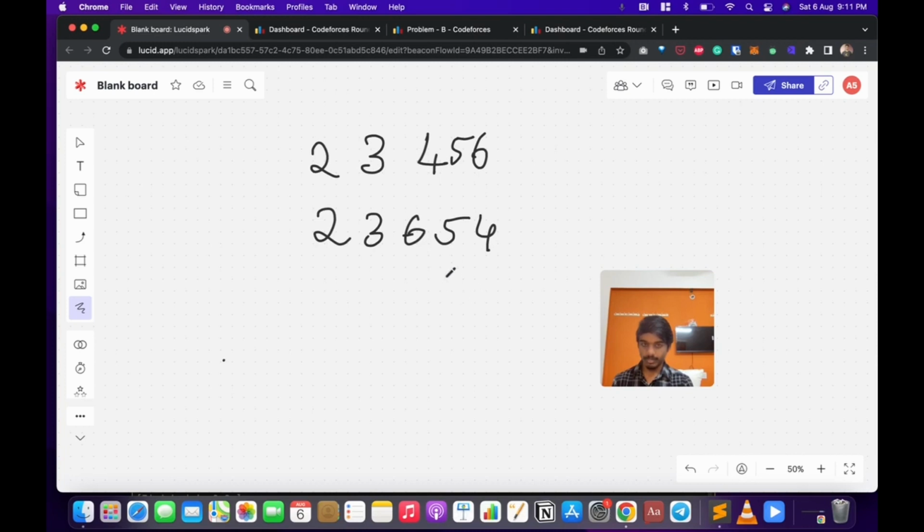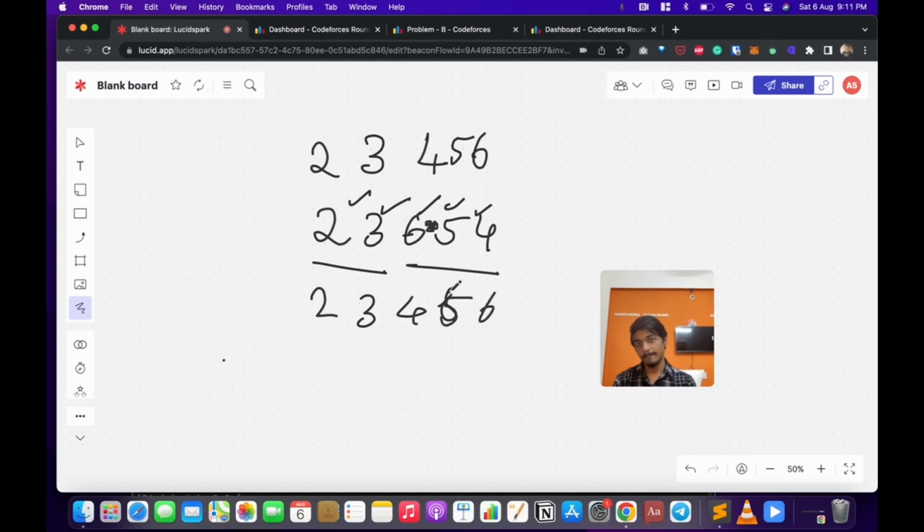The middle one, suppose 2, 3, or 1 comes here, it should not happen like that. So basically, you have to split these things. If you sort it, it will be like this, right? So let's say 0, 1. You have a mismatch here. So check whether this is the end or not.